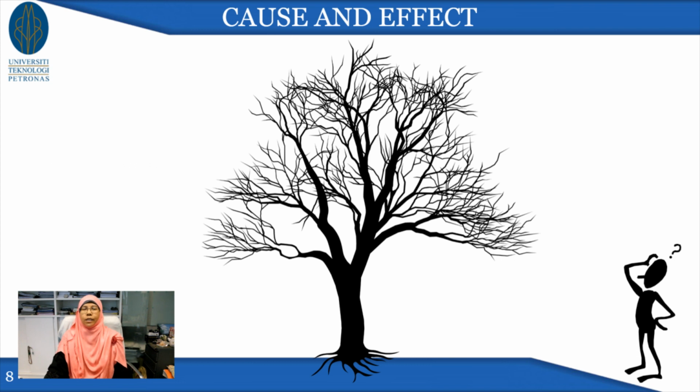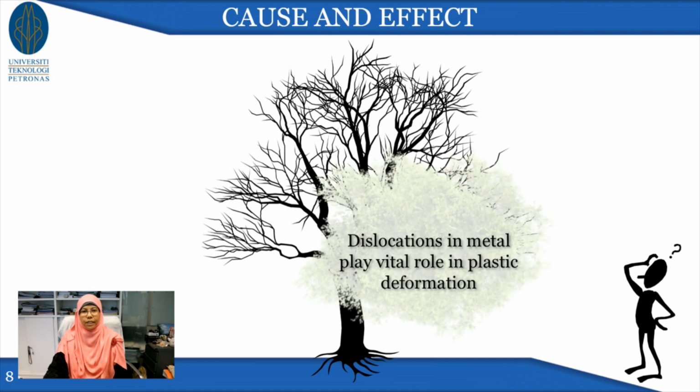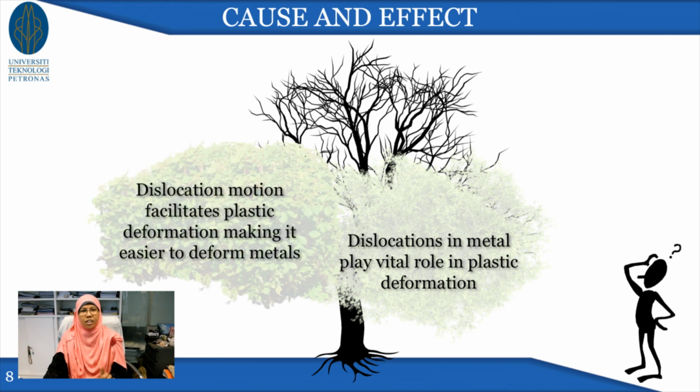So what is the cause and effect relationship that you have seen in this short video? Dislocations in metal play a very important role in plastic deformation. The dislocation must move in order to facilitate plastic deformation, by giving the mechanism for atoms to move once a force is applied.